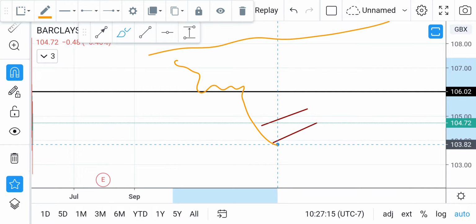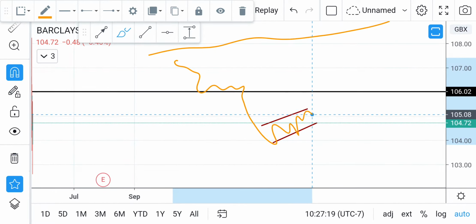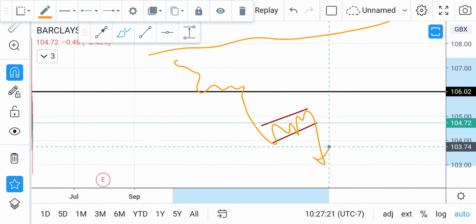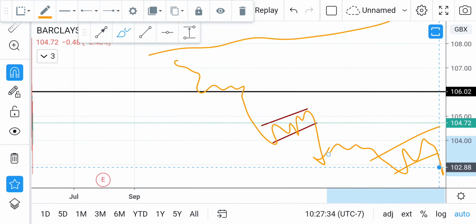The price will start consolidating within this channel and finally break down. That is a bear flag, and potentially the price could go down again and form another bear flag and break down until the trend starts reversing.